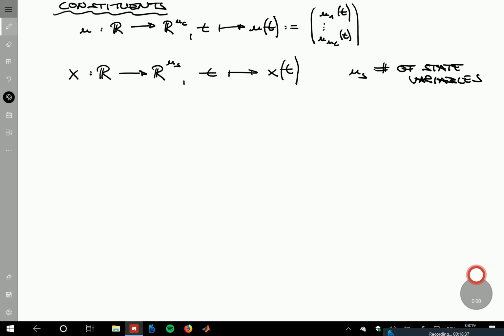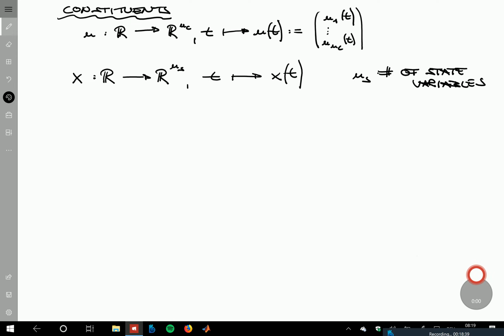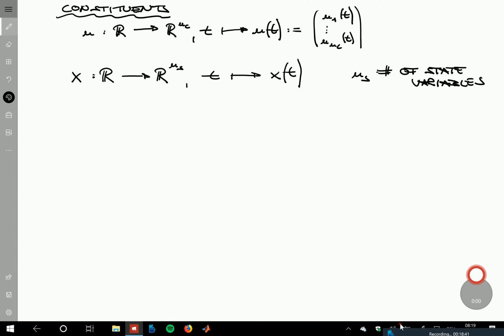So this means that we can talk about f in a little bit more detail already. This function f that I specified takes as inputs an ns dimensional vector, namely the value of x at time t.